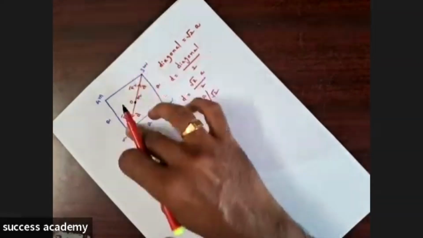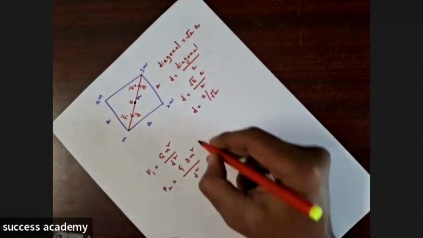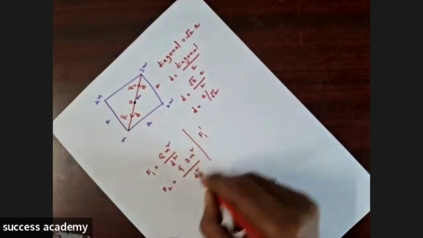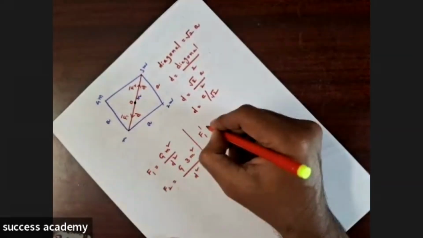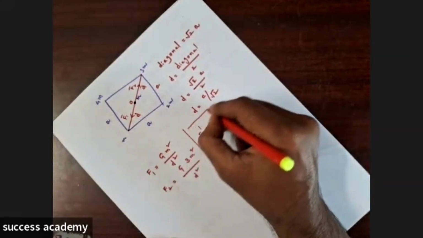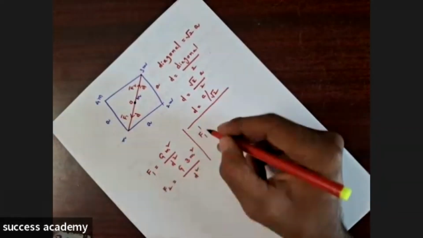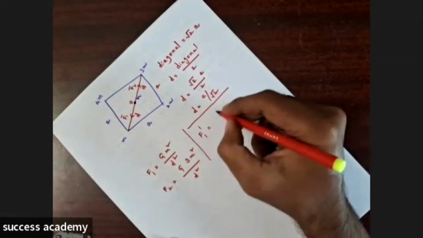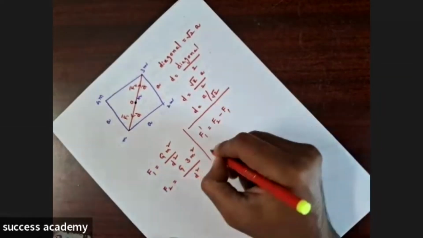These two are in opposite direction. So here I am taking F1 dash as the net force of F1 and F2. F2 is greater here, so F2 minus F1.